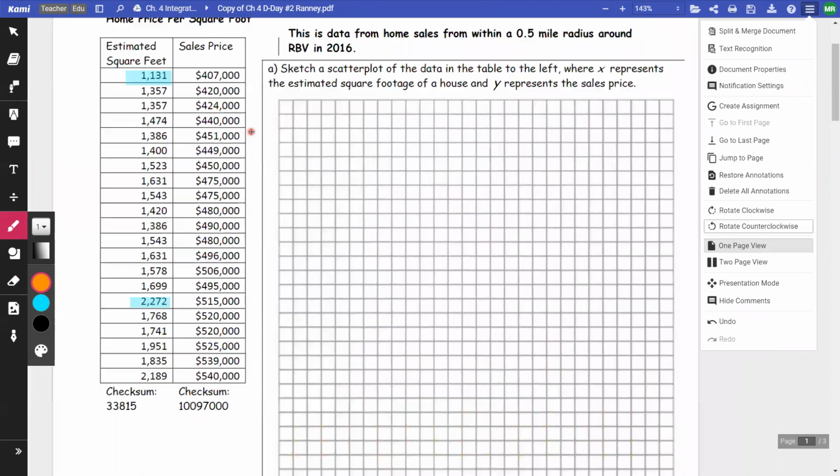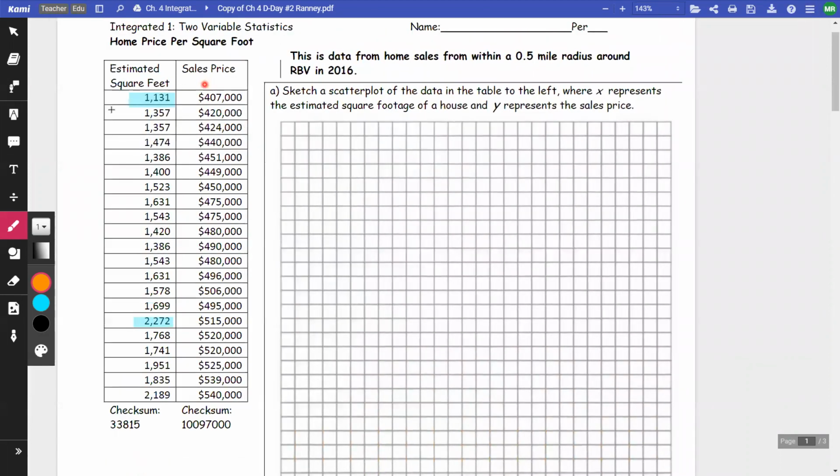My Y-axis is going to be sale price. I want to figure out what the smallest is. I'm thinking the smallest is 407,000. Let's see. I don't think I see anything below that. My biggest one is going to be in the 500,000s, and looking at it, I think 540,000.